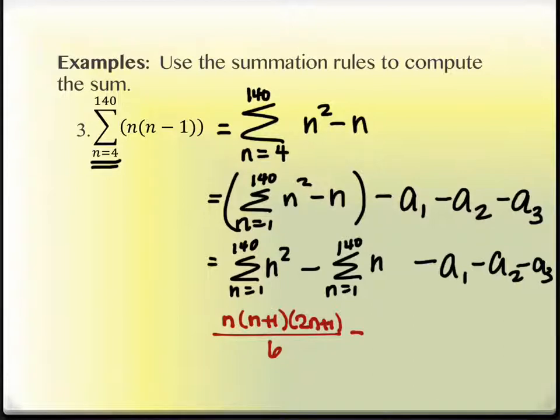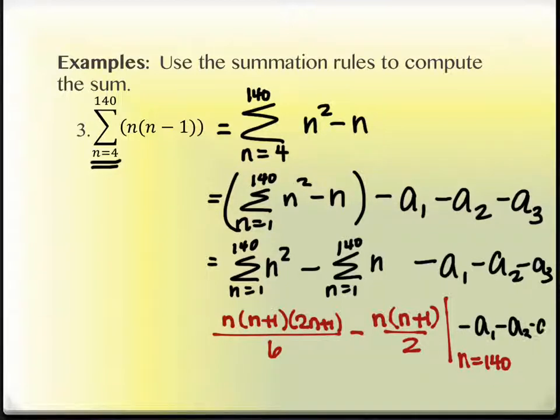And then how about for n? n times n plus 1 divided by 2. And I'm going to evaluate this at n equal to 140, right? And again, I still have A1, A2, A3 at the end here. I'm going to leave them hanging until I've calculated the other stuff. If you want to calculate them now, it's fine, but I'll just hang on to that for a minute.